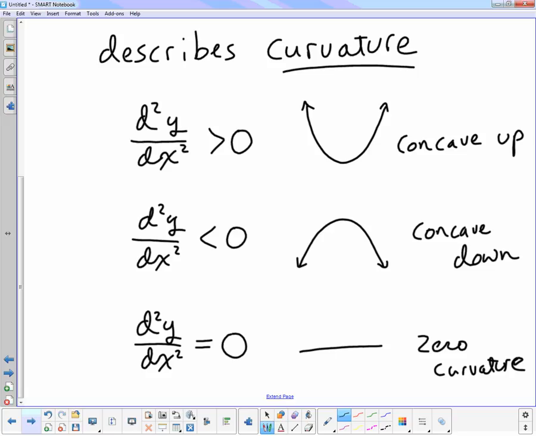Now, there are some funny things that go on in here. Actually, I shouldn't say 0 curvature. I should say constant curvature, because it doesn't have to be 0. Oh, yes, it works for all functions.